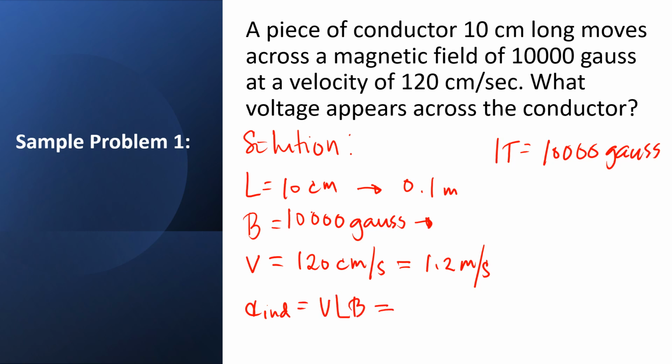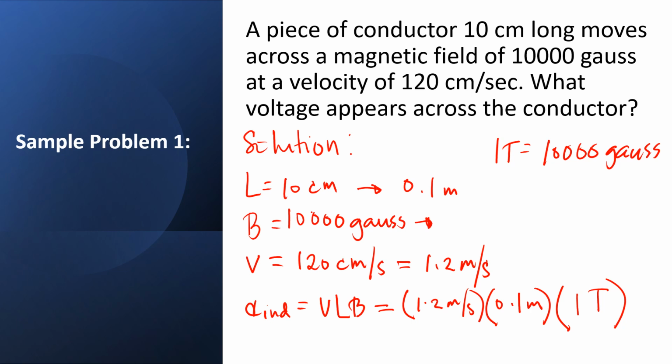So we have the velocity, which is 1.2 meter per second, times the length, which is 0.1 meter, times the magnetic field of 1 Tesla.